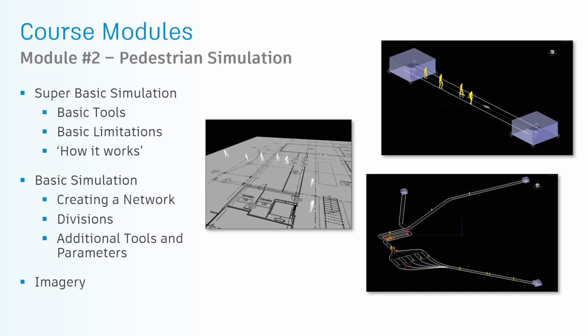That's the main thing. We're going to very quickly just build a simulation of literally one walkway and just move people from point A to point B. Once we've completed that, you'll understand pretty well how mobility simulation works.